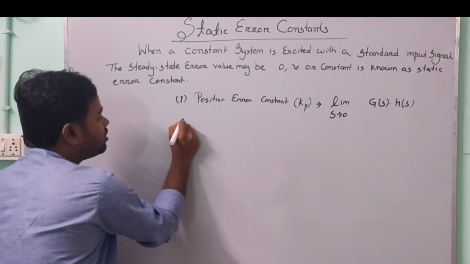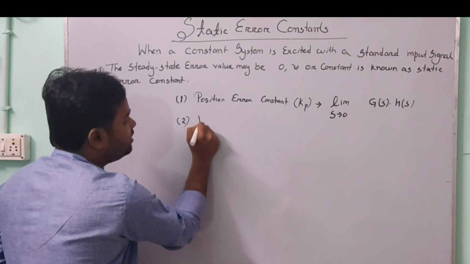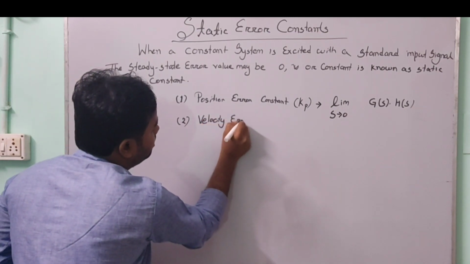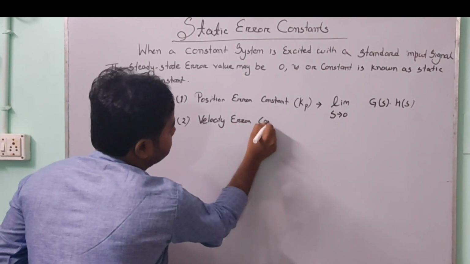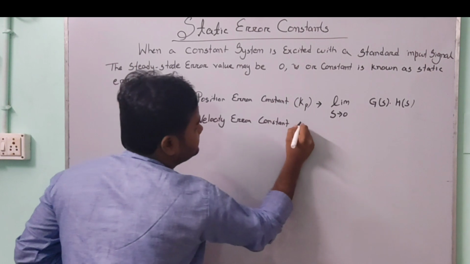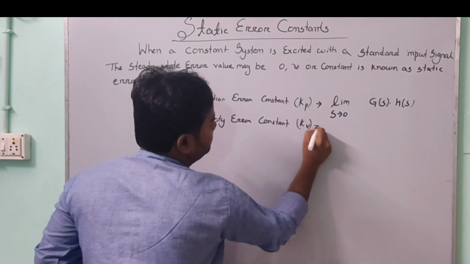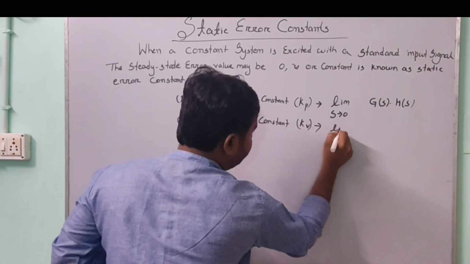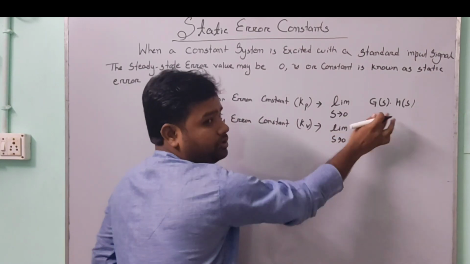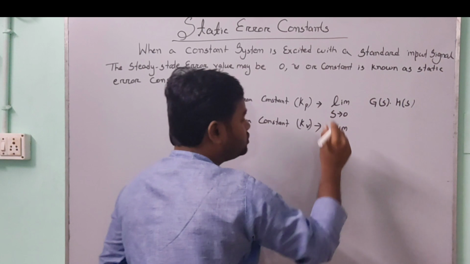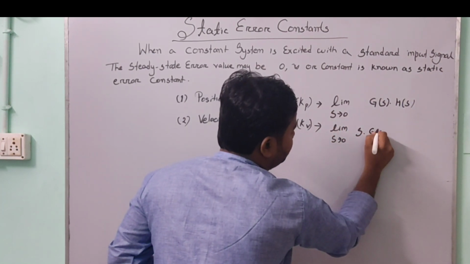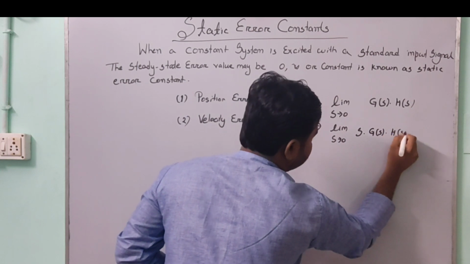The second error constant is velocity error constant, and its shortcut is Kv, and its formula will be limit s tends to 0. In the previous formula only g of s into h of s is there, so here s will be extra added, s into g of s into h of s.